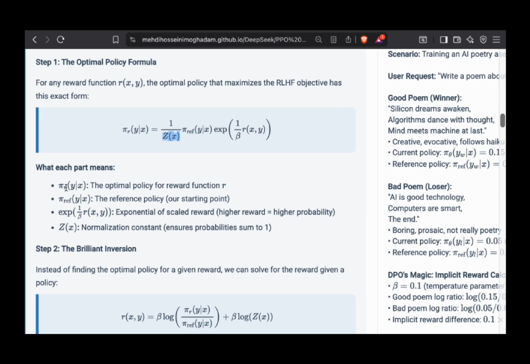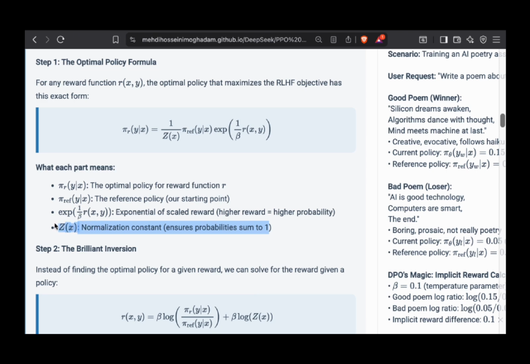As I said, π_r is the optimal policy, π_ref is the reference policy, and the exponential is the exponential of the scaled reward, and Z(x) is the normalization constant, which ensures the probabilities sum to 1, which is the problematic part.